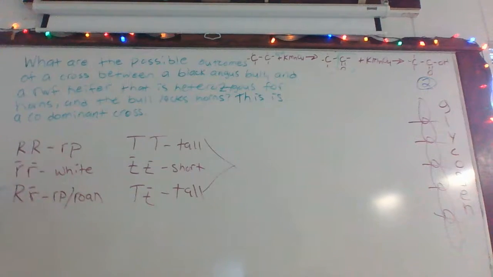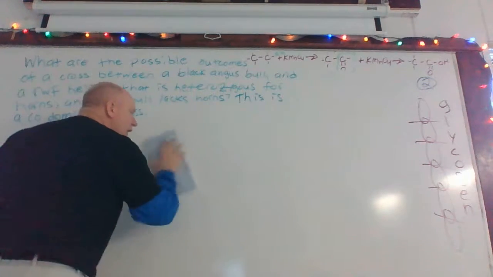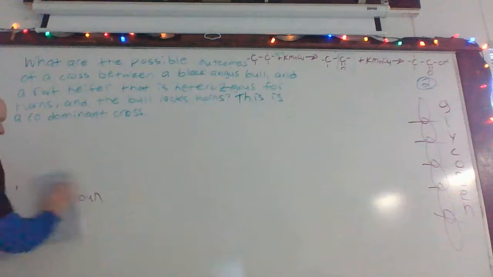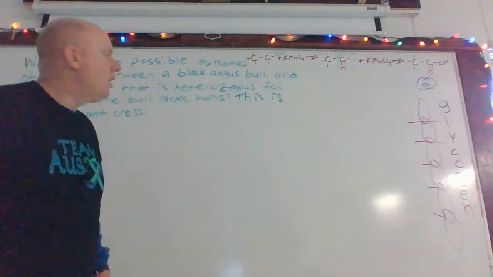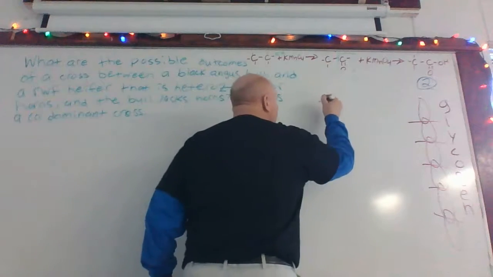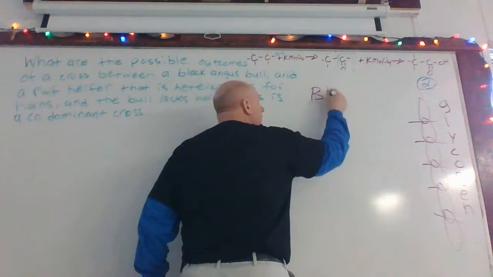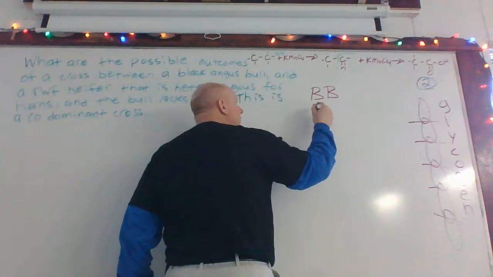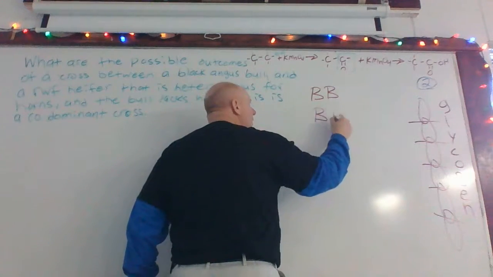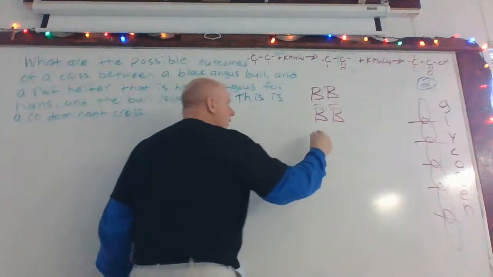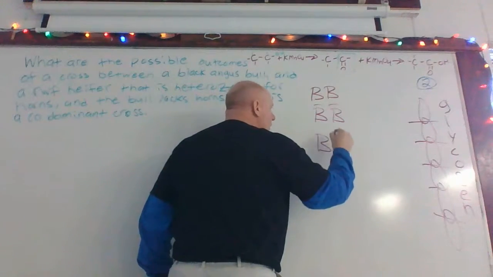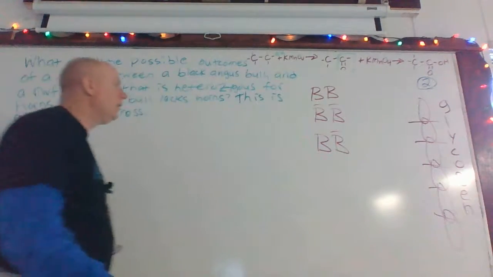But when it comes to a codominant cross, the terms you wrote down last week were as follows: this was your Angus, this was your red white face, and this was your black white face.